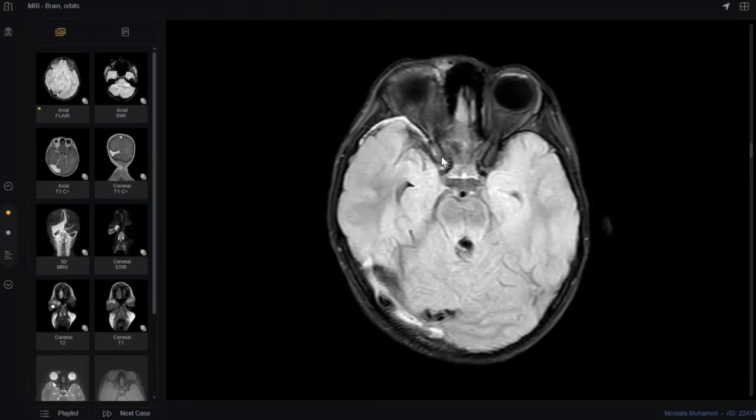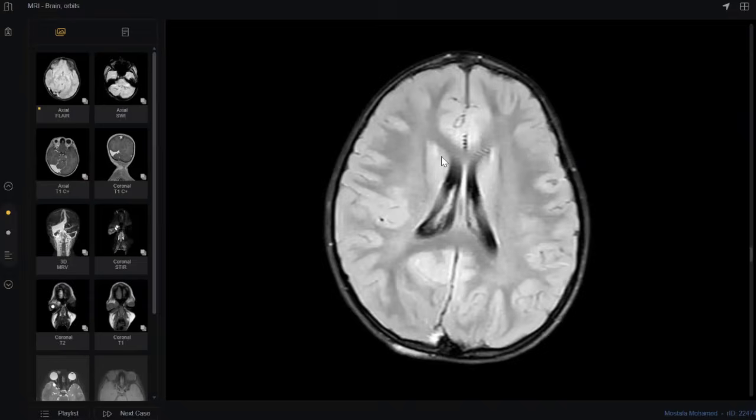But the fluid is intact. Apart from that, I can see there is some effacement of the cisternal spaces in the perimesencephalic cistern on the right side predominantly, and some hyperintense signals in the middle head of the hippocampus bilaterally.